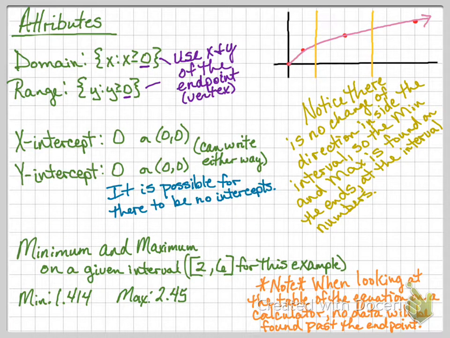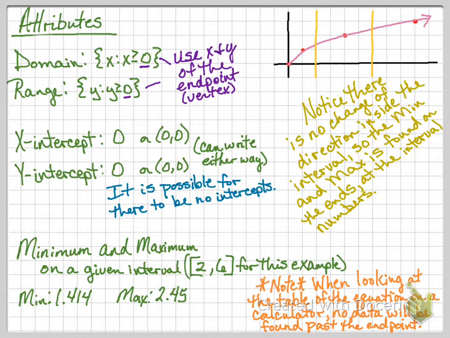Let's talk about attributes. Attributes that we're going to talk about: domain and range, which we've been kind of discussing, the x and the y intercepts, and then the minimum and the maximum on a given interval. The domain and the range.